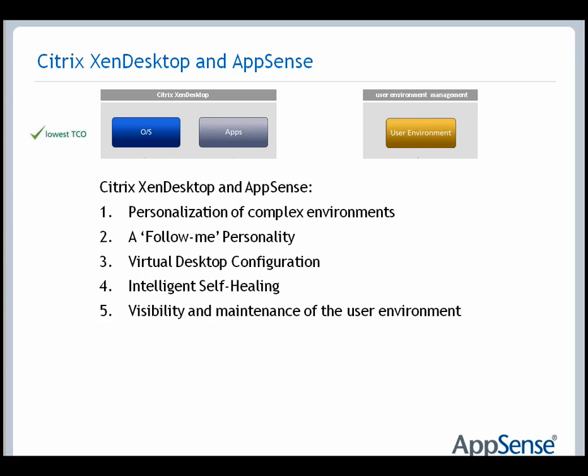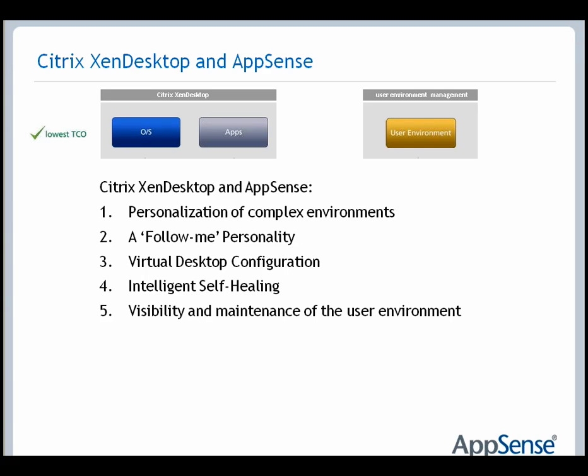It also helps to configure the desktops and create an even more robust environment by using intelligent self-healing to protect the running desktop session, and like any enterprise solution, provides IT with all the information they require to successfully maintain the user environment as well. And we're just going to touch on those in a little more detail.